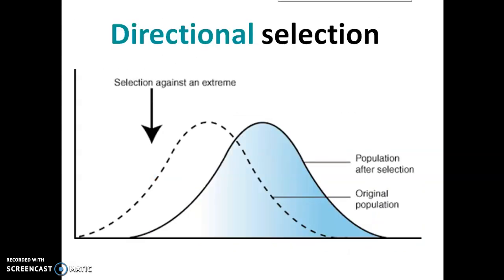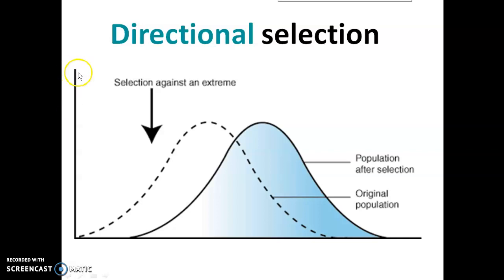Directional selection is where one extreme is favored. So now let's think about, if we had our squirrels, we had white, brown, and black, or albino, brown, black, maybe is another way to say that. And it was living in a cave situation.